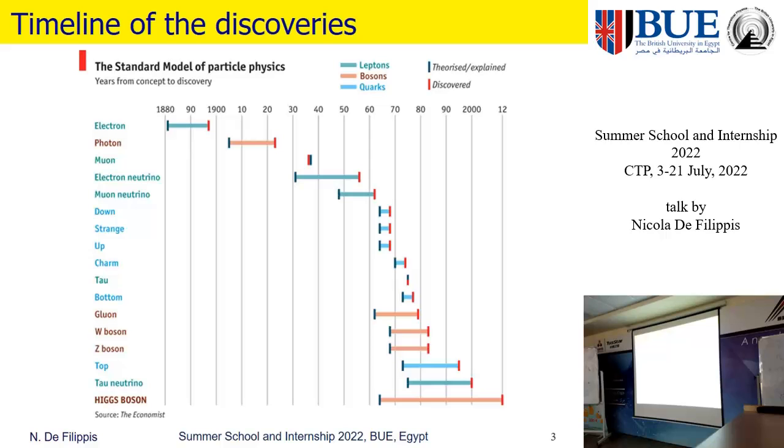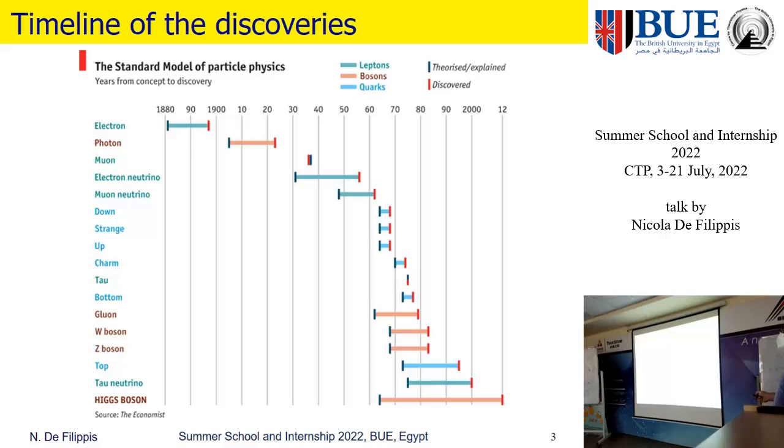It's referring to the first experiments by Thomson, essentially, and then X-rays, and then the muon, and then evidence of neutrinos, quarks, gluon, W, Z, top quark, tau, neutrino tau, and then the Higgs boson.